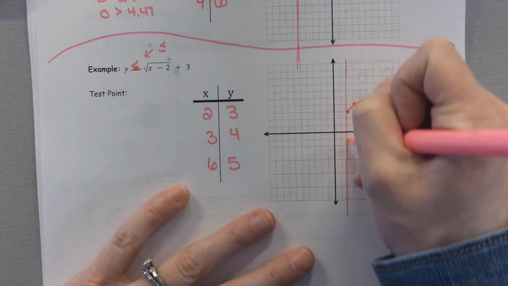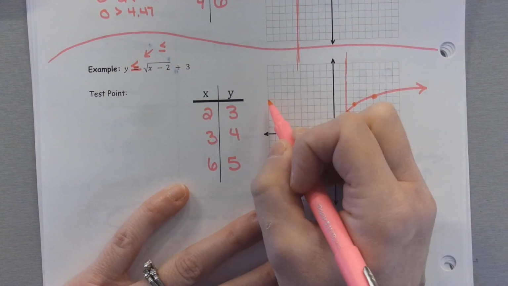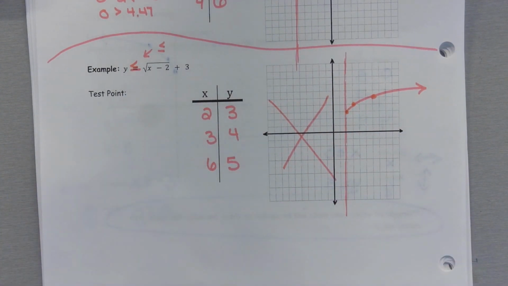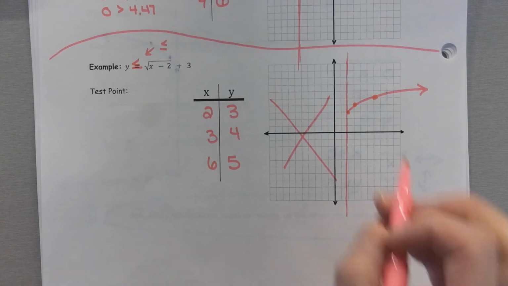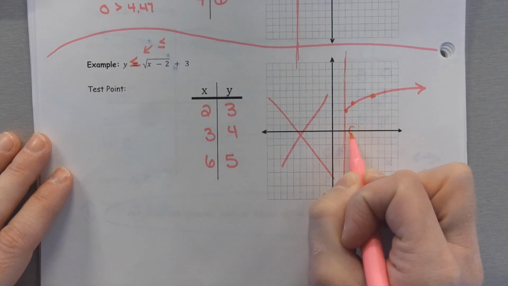Kind of like when you're a little kid and they say stay inside the lines. Outside, this is your boundary. Don't shade anything over here. There's no graph that lives over there. Now, do you see how 0, 0 is over there in that no area? Okay, so I'm going to have to pick a different point, which kind of stinks. I think I'm going to pick this one.